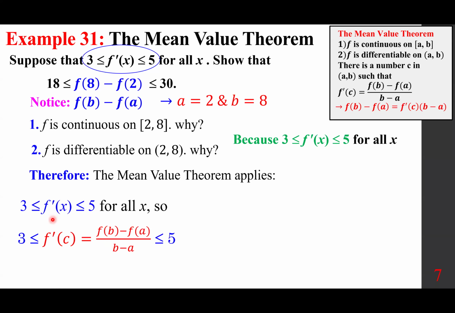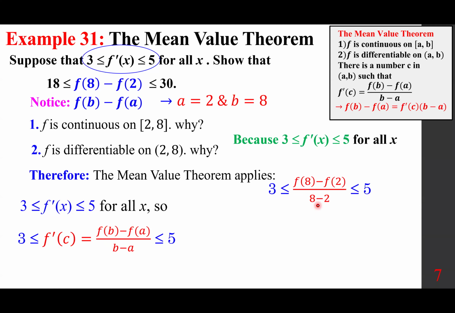So we keep 3 and 5, and f prime of c is the same thing as f of b minus f of a, f of 8 minus f of 2, over b minus a, which is 8 minus 2.